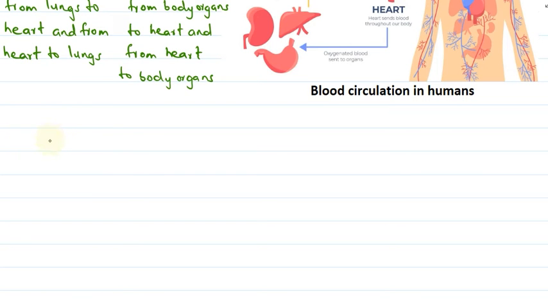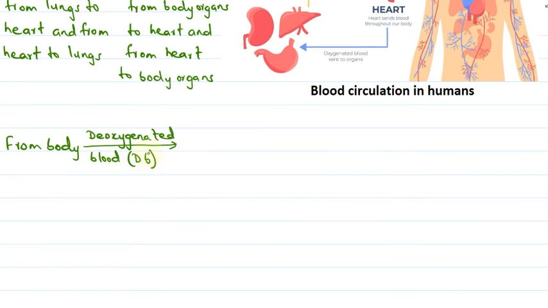So what happens is the right atrium receives the deoxygenated blood from all the different parts of our body. Okay, so we can say that from body, that is different parts of the body, the deoxygenated blood, that is we can say DB for deoxygenated blood.